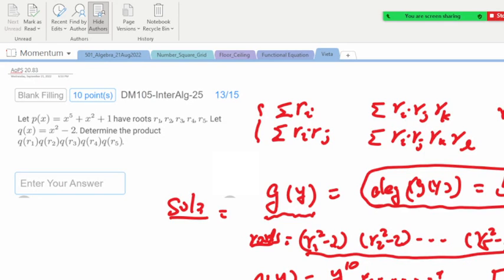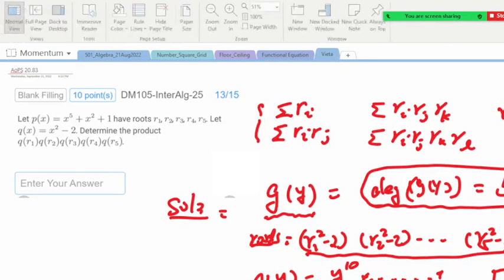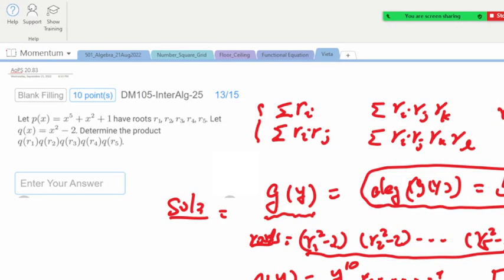So x squared equals y plus 2, right? We want to substitute back, applying it into p(x). You can quickly remove the x squared and replace it with y plus 2.